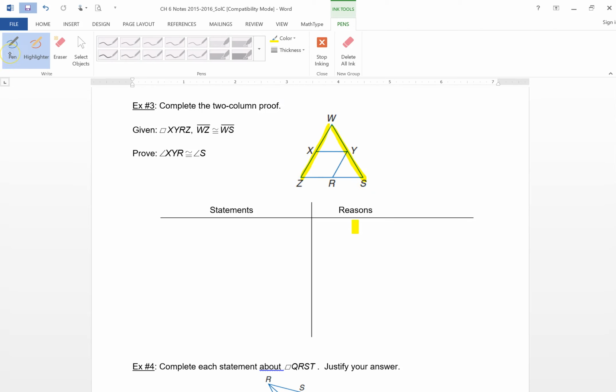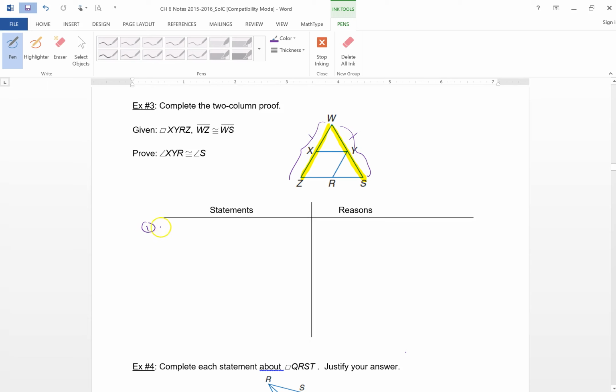How do we show that it's congruent? It's given. No, if we're drawing that, how do we make congruent signs? You can either highlight and say that it's congruent, or sometimes you can say this is congruent to that, like this.